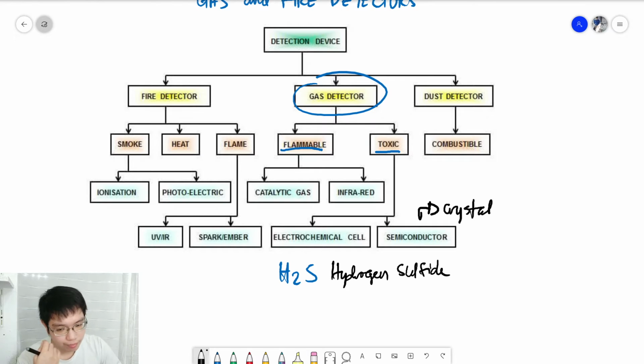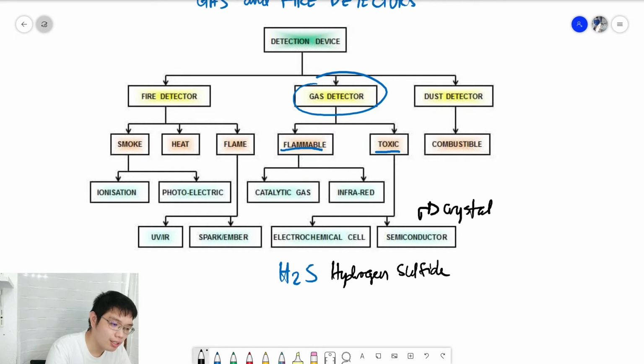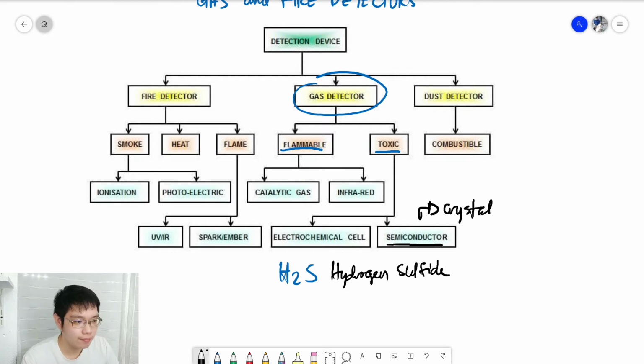Once the resistance value changes and the voltage input is fixed, that means the current flow through that crystal goes down. Once the resistance goes up and the current flow goes down, the alarm is then tripped, meaning there's a presence of H2S, which is a toxic gas, in the air.